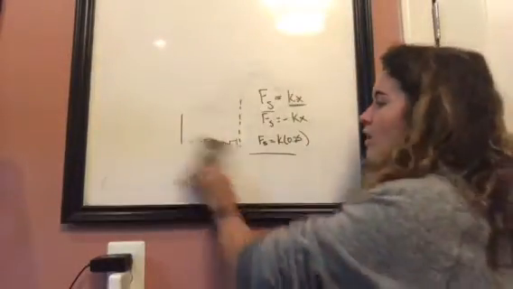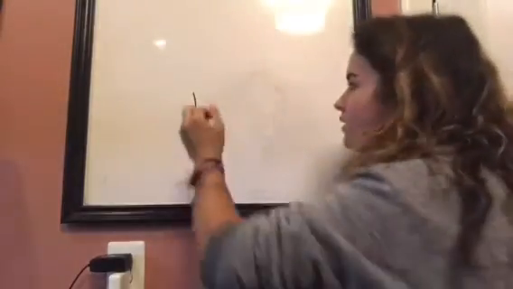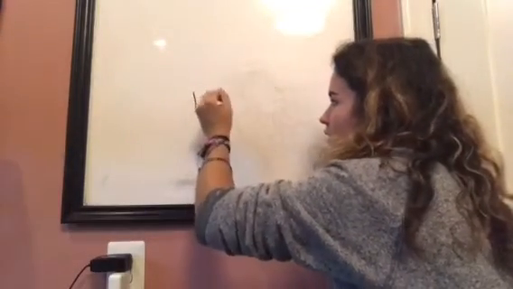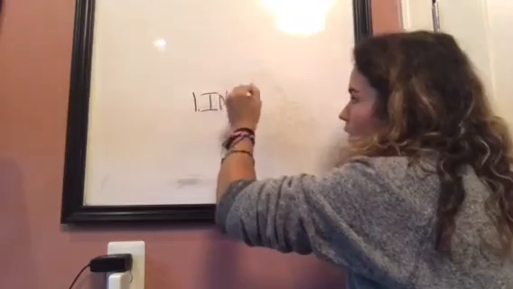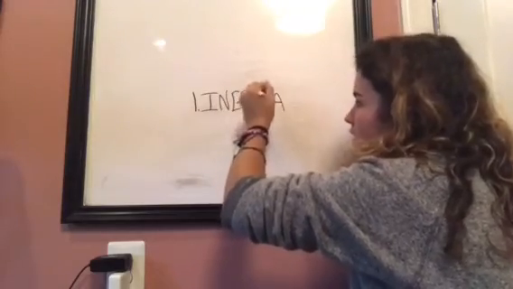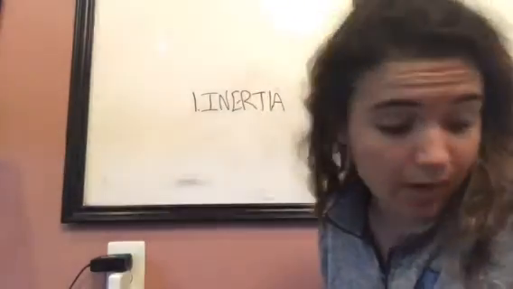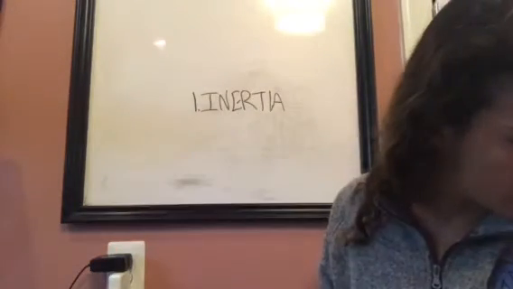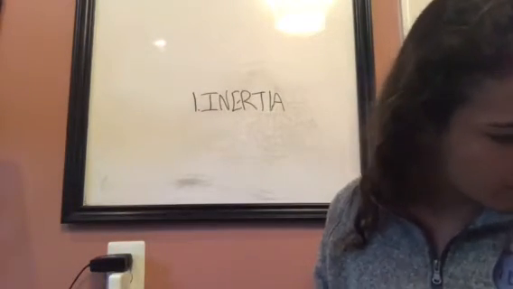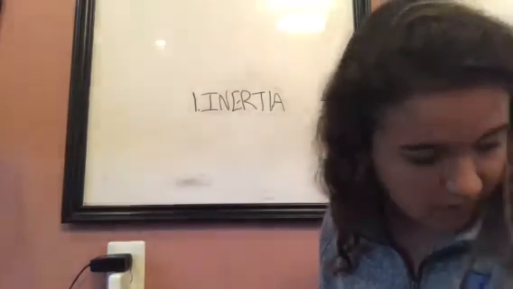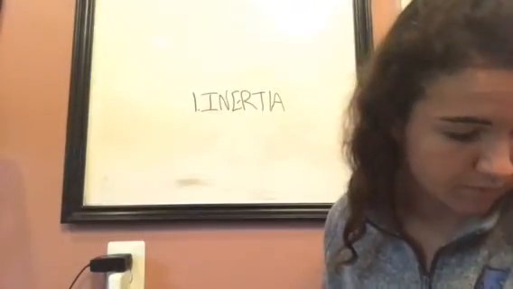I guess we could run back through Newton's laws of motion one more time just to reinforce them. So Newton's first law, I'll write them up here. First law is inertia. Woo, big word. Inertia is the tendency for something to stay at rest, and that's basically the gist. It's only valid in non-accelerating inertial frames.